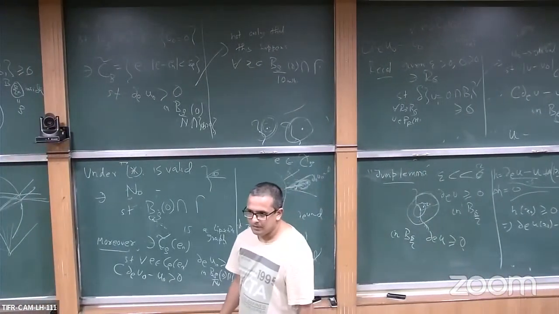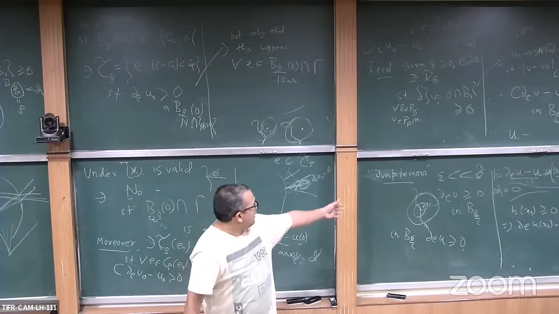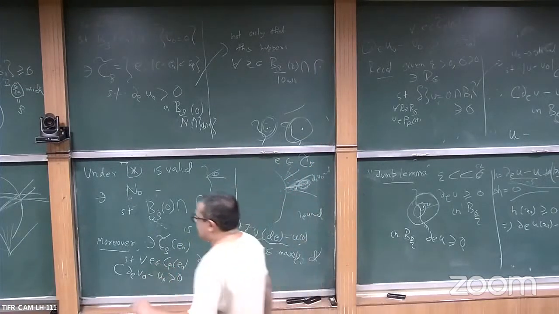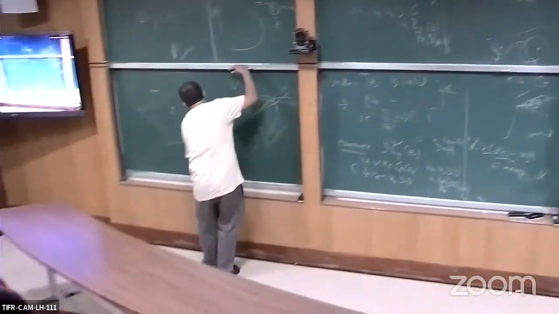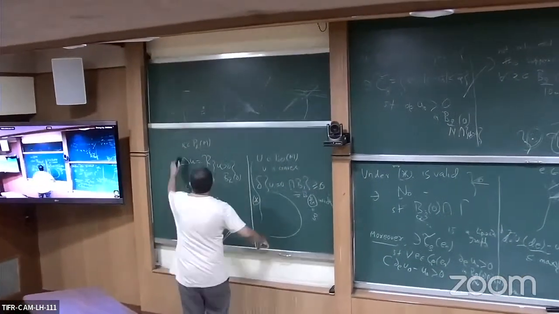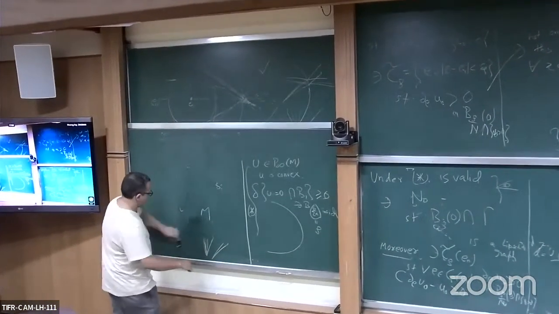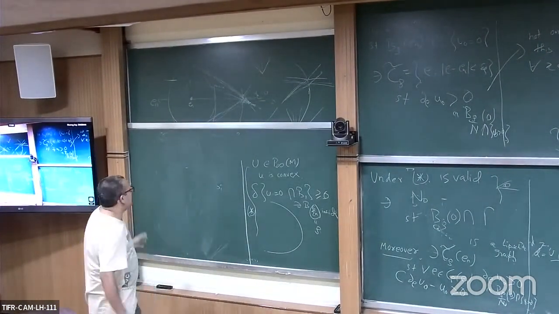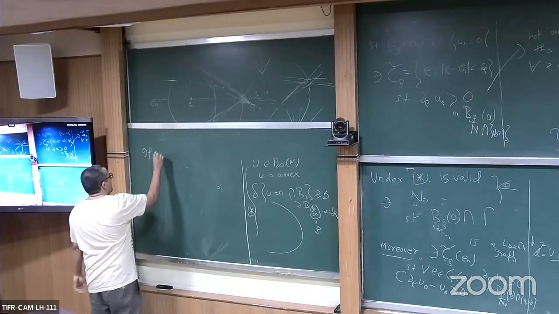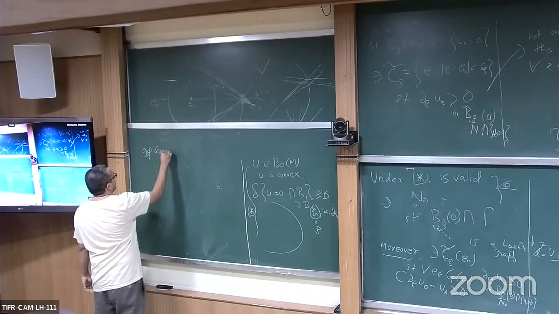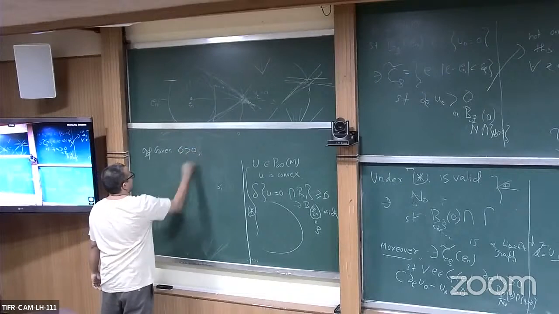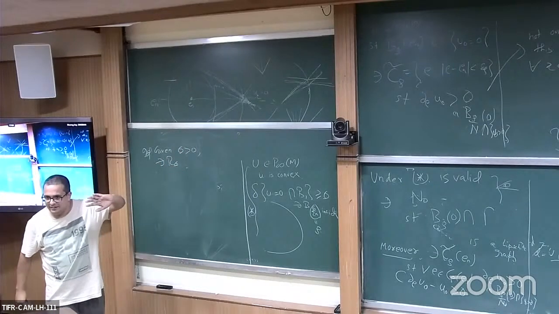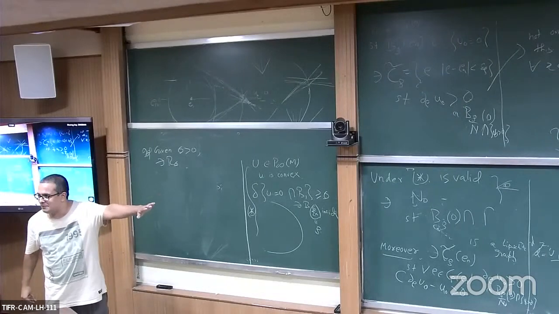Okay? And now, so therefore, what does it tell you for my u in PRM? So this is my claim. So given sigma, there exists R sigma. Now I can forget the epsilon. Epsilon has been adjusted in the sigma. Okay.